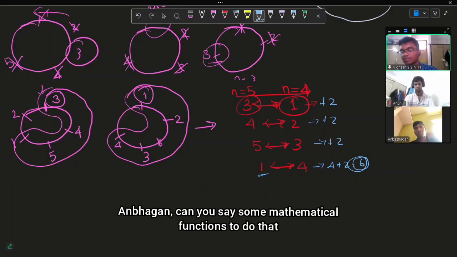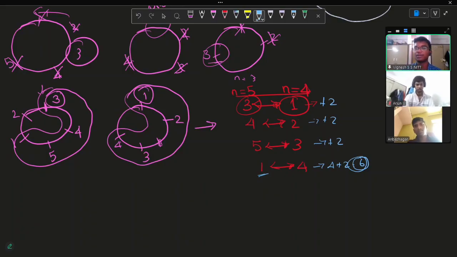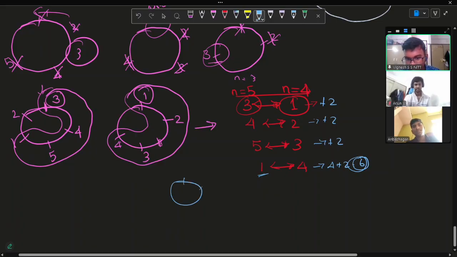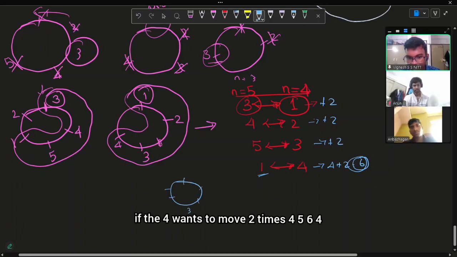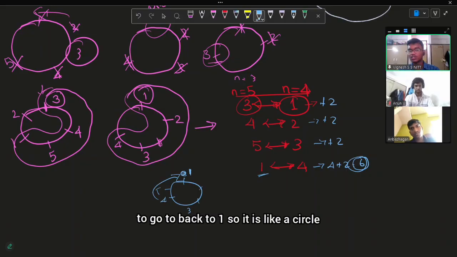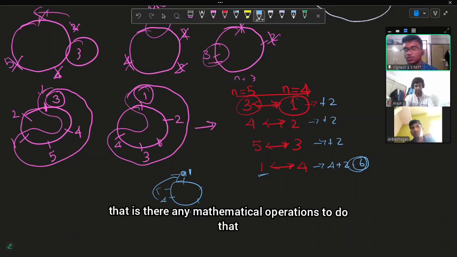Anbazhagan, can you say some mathematical function to do that repetition of 6 as back to 1, like in a circle of only 5? So what it is basically is making a circle of only 5. 1, 2. If the 4 wants to move 2 times, 4, 5, 6, instead of 6, it wants to go back to 1. So it is like a circle of just 5 numbers. It cannot exceed that. Is there any mathematical operation to do that?